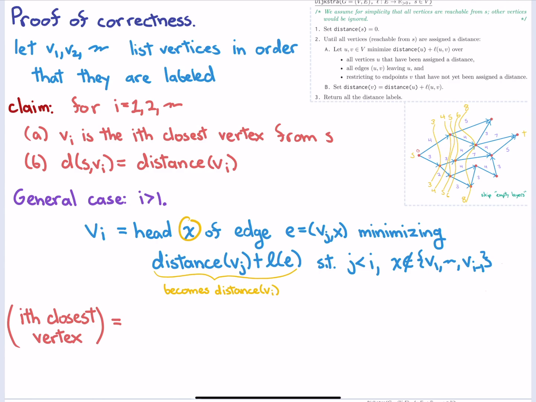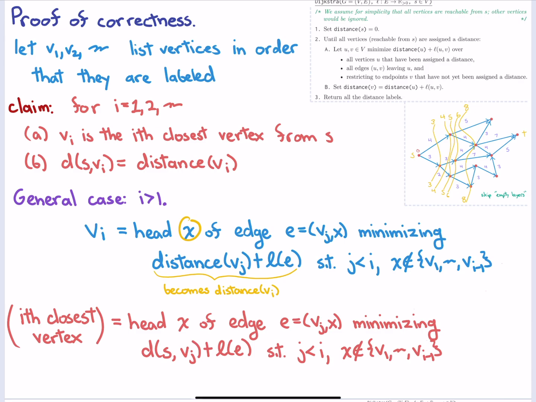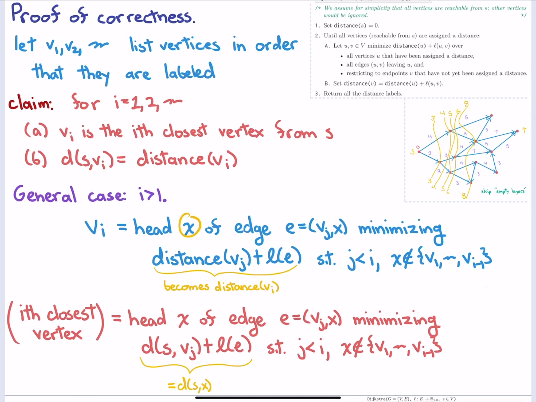Okay, so it's really the same thing, except it's replacing the distance label with the true distance. So it should look similar, except I've replaced distance with the true d_S of vj. Okay, and of course, this combined quantity represents the true distance to x, or the true distance to the ith closest vertex. Okay, so those are just two facts.